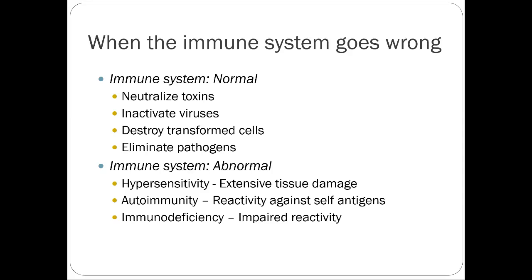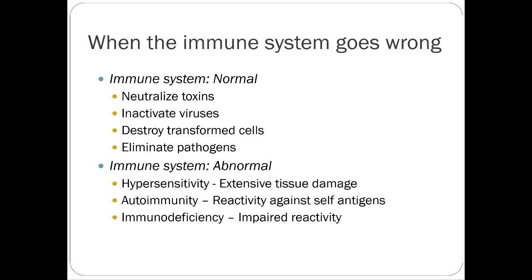So why do we want to disrupt this wonderful process that keeps us safe? Well, there are a number of reasons why the immune system sometimes does things that are a little bit overzealous in nature. So our normal immune system is going to help neutralize toxins, inactivate viruses, destroy transformed cells that are mutated, and eliminate pathogens from our body.